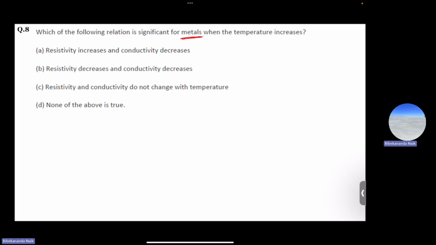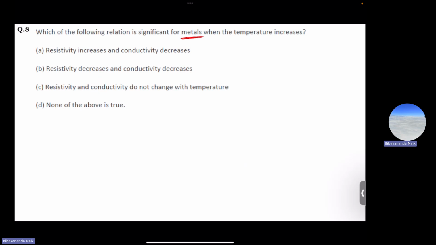So here the question is related to metals. So we know metals are generally good conductors of heat as well as electricity because they have charge carriers and heat carriers. Basically, the metal has enough free electrons, and those free electrons are available for carrying heat energy as well as the current. Now if the temperature changes, how do things change for a metal?